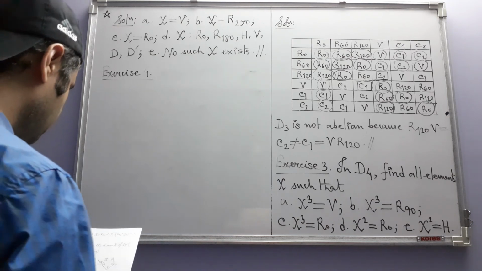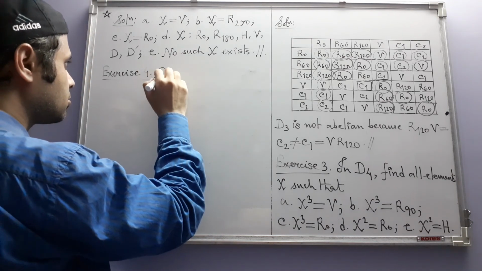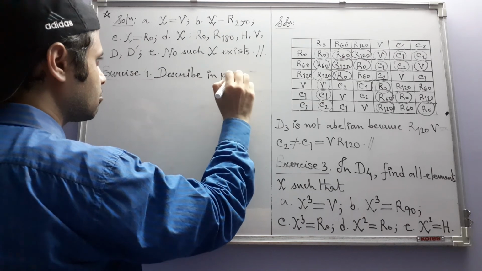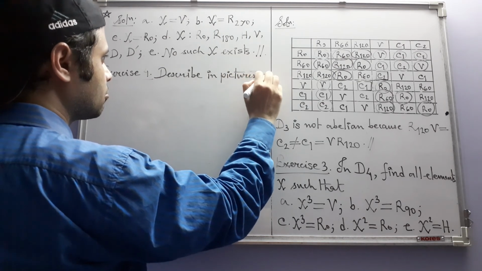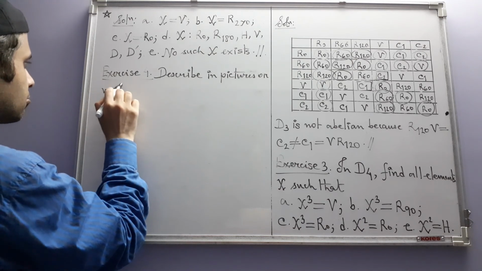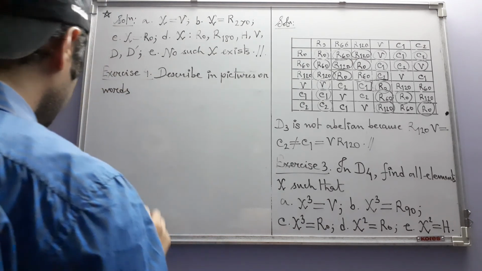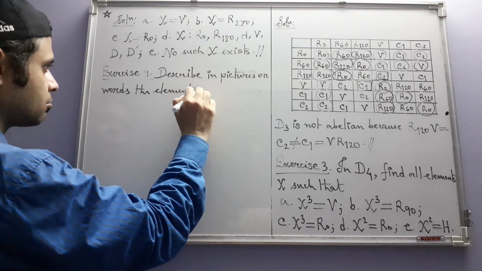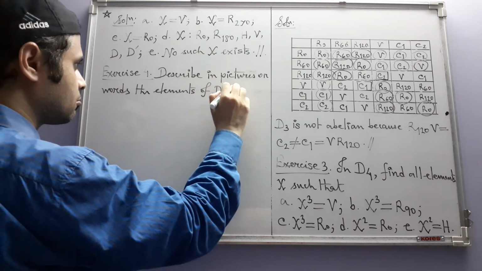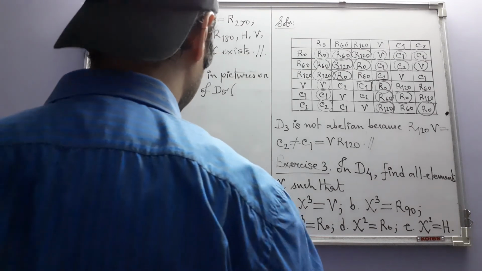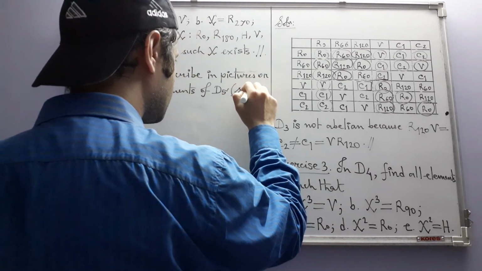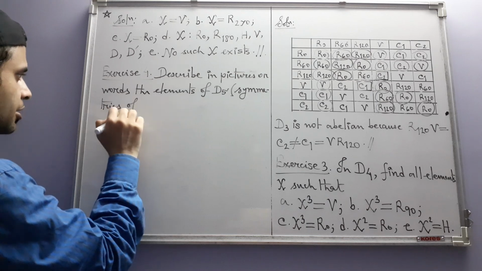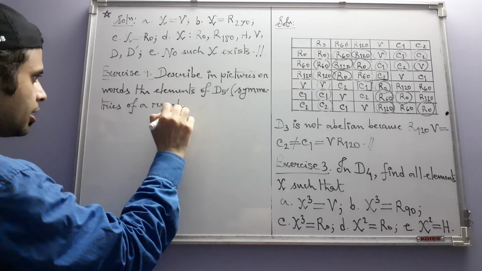Describe in pictures or words the elements of D5, the symmetries of a regular pentagon.